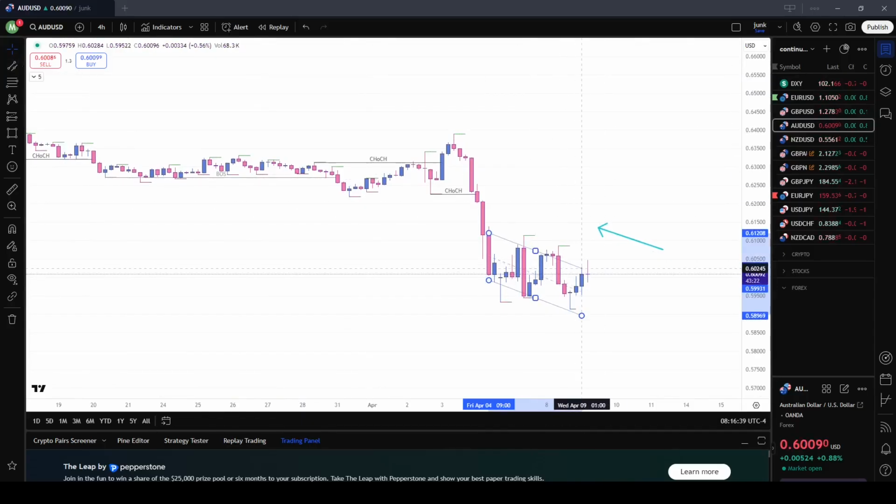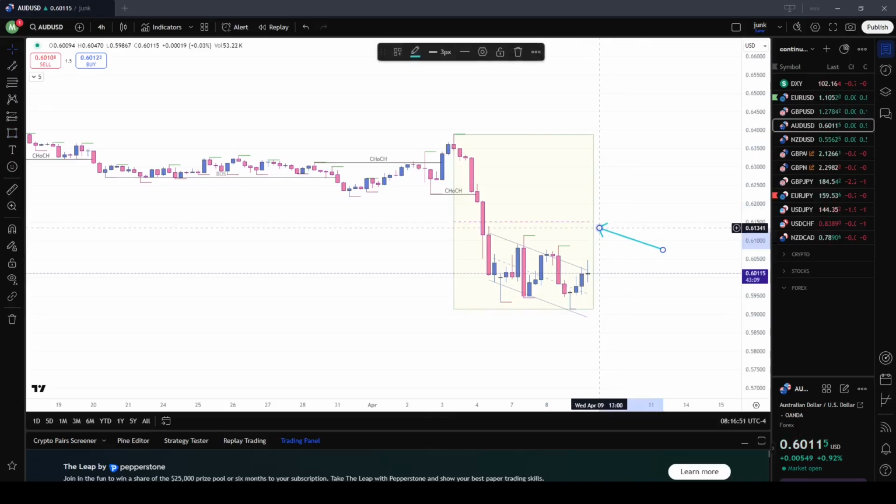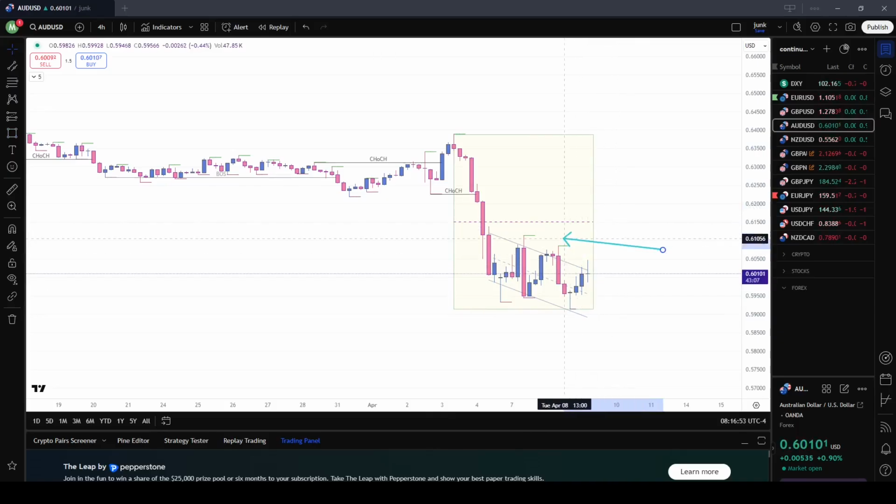AUD USD. So this continues to push down, continues in this descending channel. Let's map out the current range. Although it is a descending channel, not looking for any type of, well, maybe consider a buying opportunity to take out the highs of the channel and go back into premium. No real significant area close by that I'd be looking for.